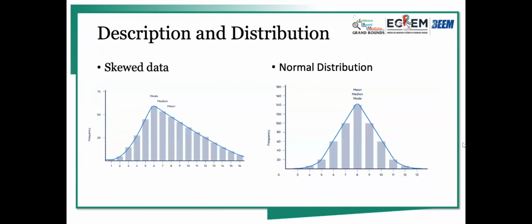the kinds of data and the kinds of distributions that are out there for us to start sampling and doing experiments. So we have all sorts of distributions in terms of our data. The data can be skewed. In other words, it can be shifted to one end of the data spectrum or the other.